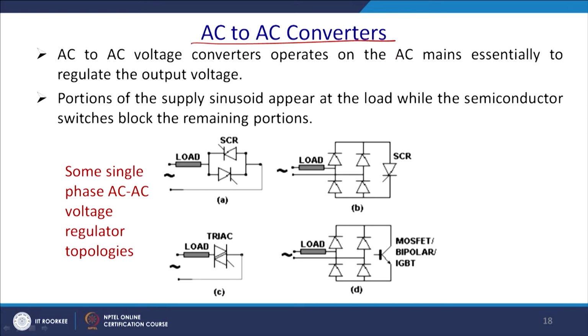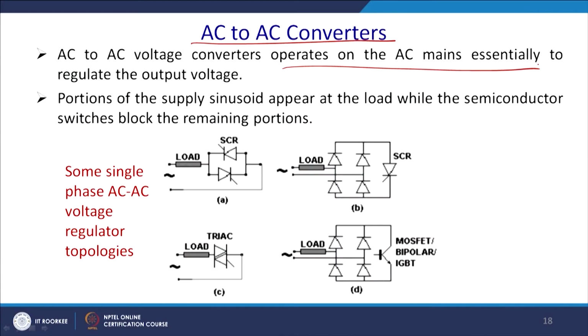The problem is that in most cases we require AC to AC conversion, for example in modern elevators and air conditioners. You have a compressor that is AC and you are feeding it with AC, but the problem is you require variable frequency AC and variable voltage AC. That cannot be achieved without the help of power electronics. So, for this reason we can have AC to AC regulators or converters.